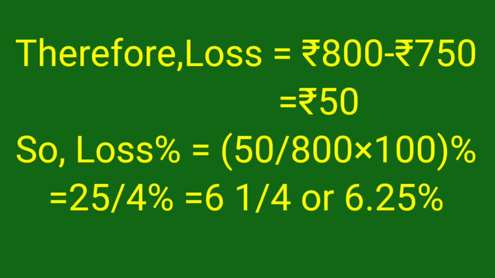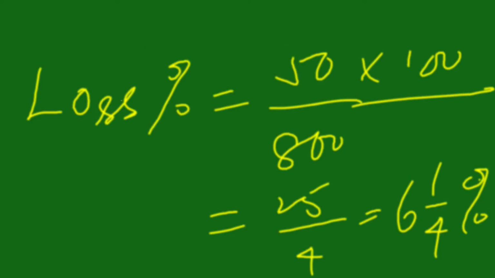Therefore, loss equals 800 rupees minus 750 rupees equals 50 rupees. So the loss percent equals 50 by 800, because 800 is your cost price, into 100%. If you cancel it, you will get 25 by 4, ultimately 6.25 or 1 by 4%.